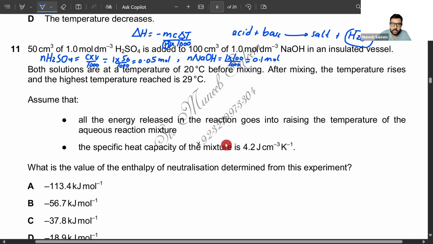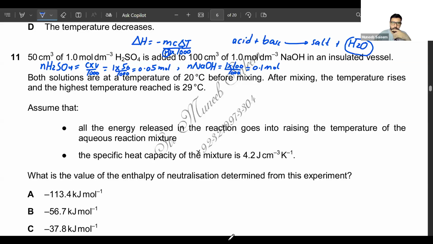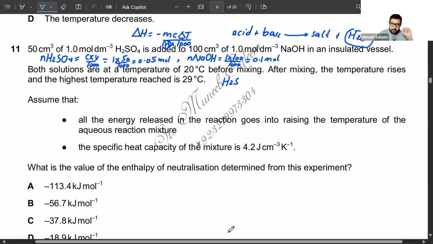Now we need to check the moles of water produced by each of these two. So let's take the ratio method, sulfuric acid to water. For that purpose, we need the balanced equation.